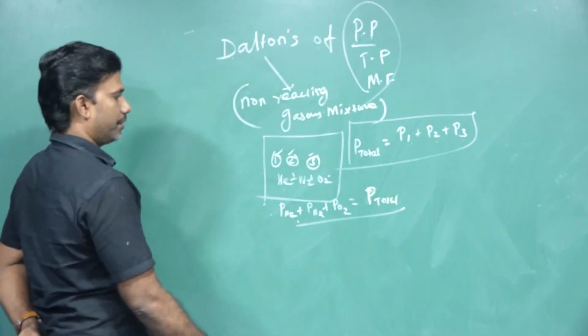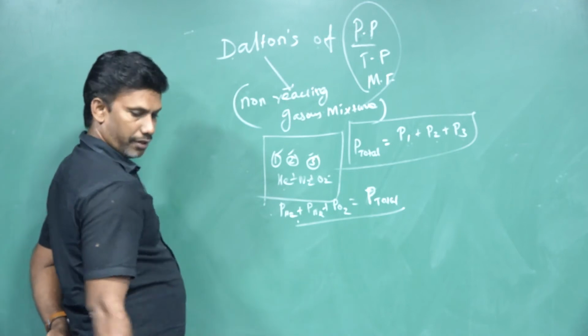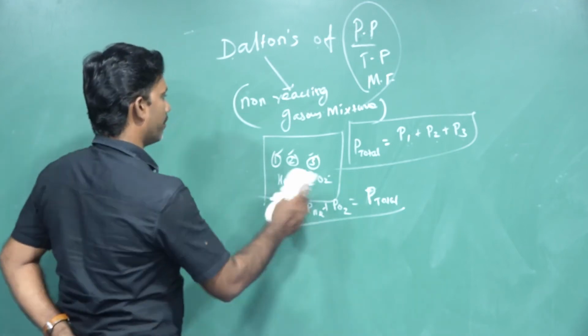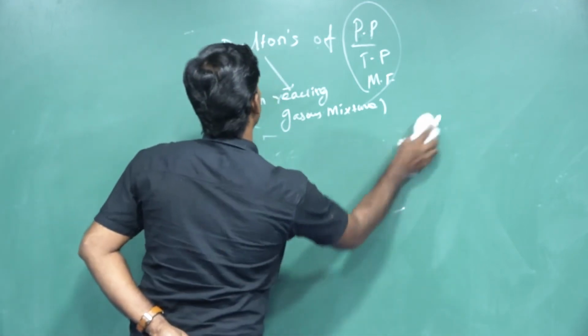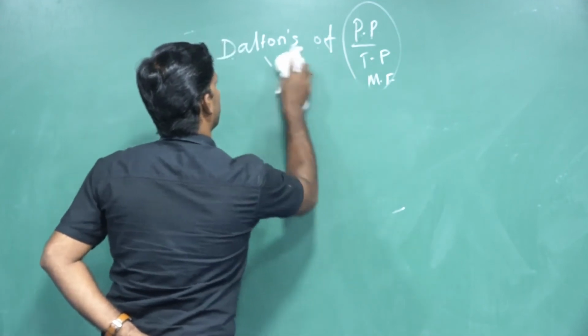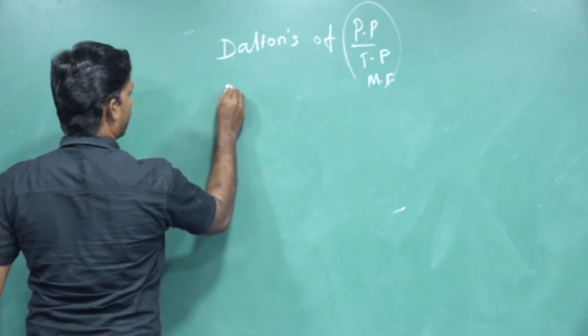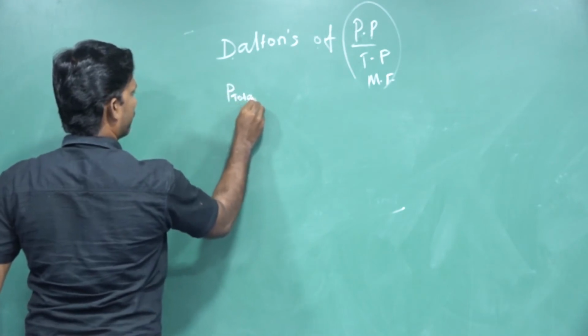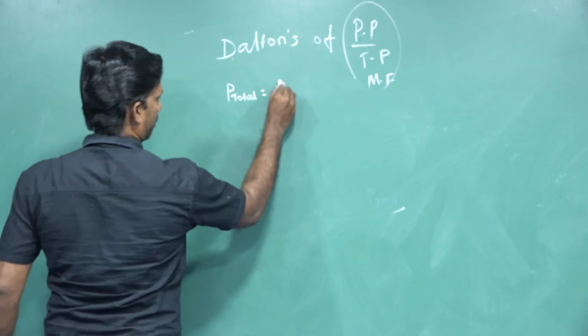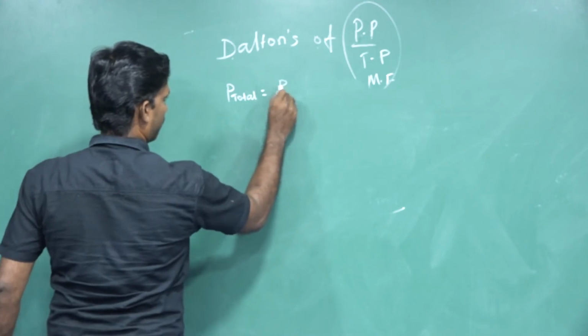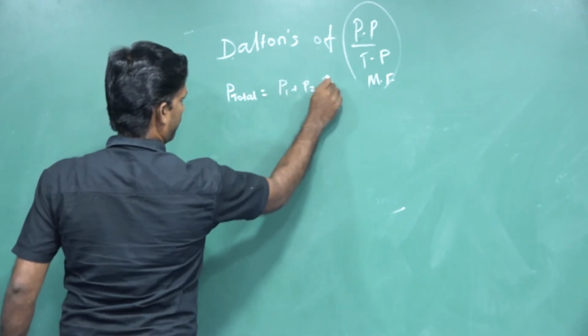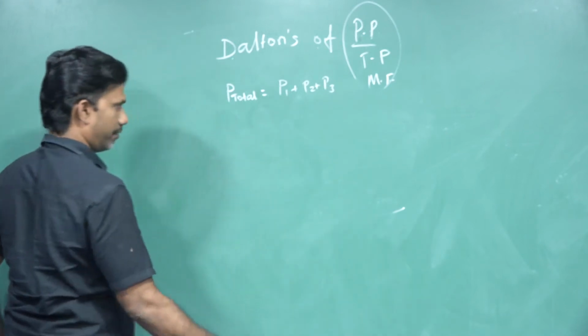So if you apply the ideal gas equation, you get the derivation here. Total pressure P total equals P1 plus P2 plus P3, we assume that.